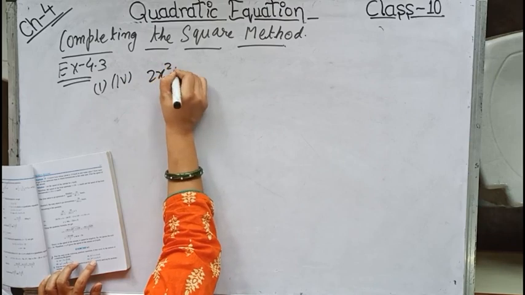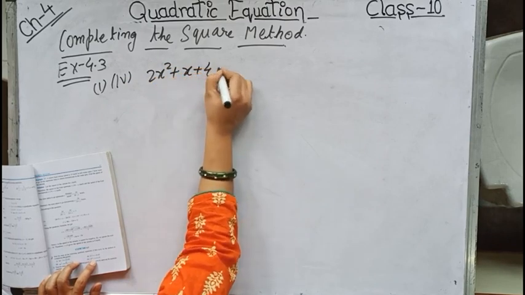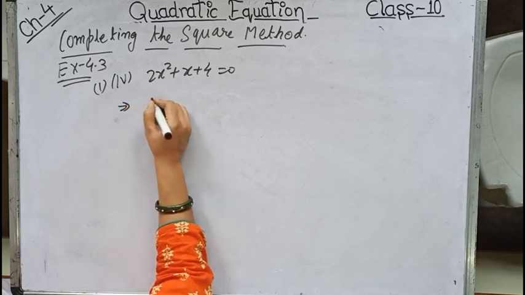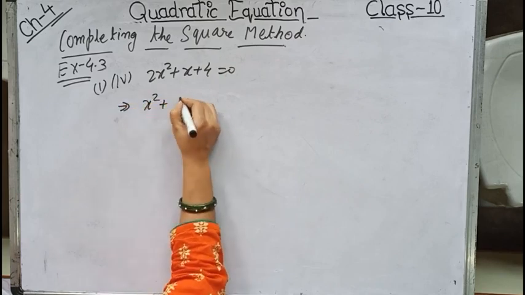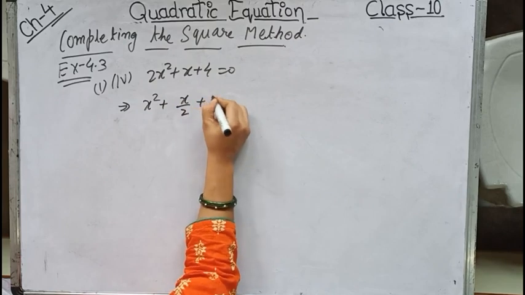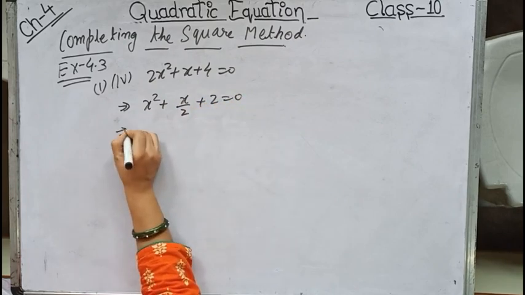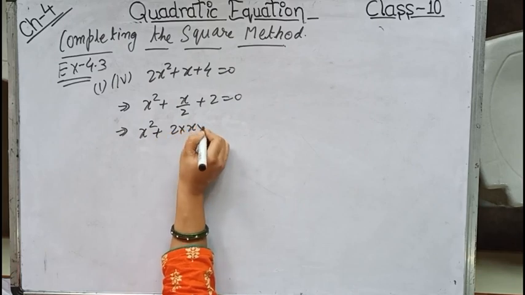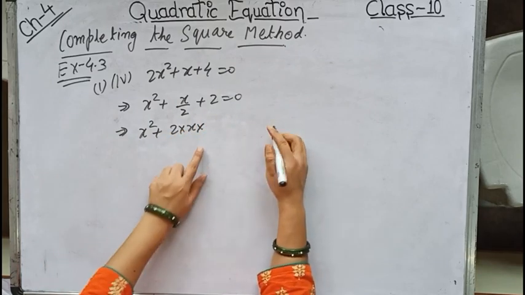2x² + x + 4 = 0. Now this implies x² + x/2 + 2 = 0. This implies x² + 2 into x into, what shall I write to become x by 2?